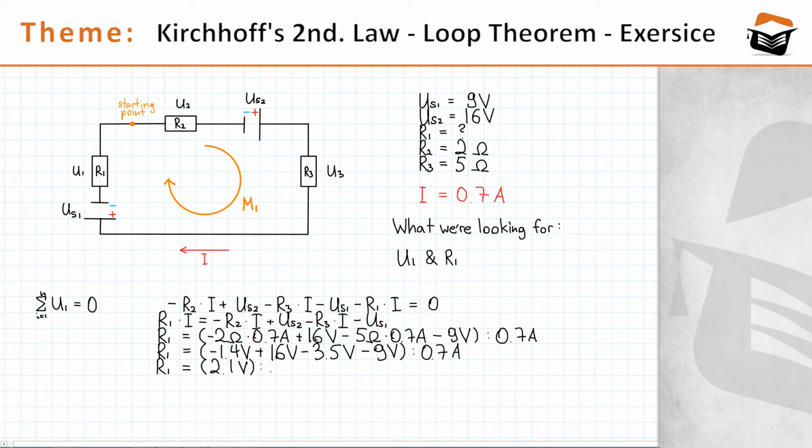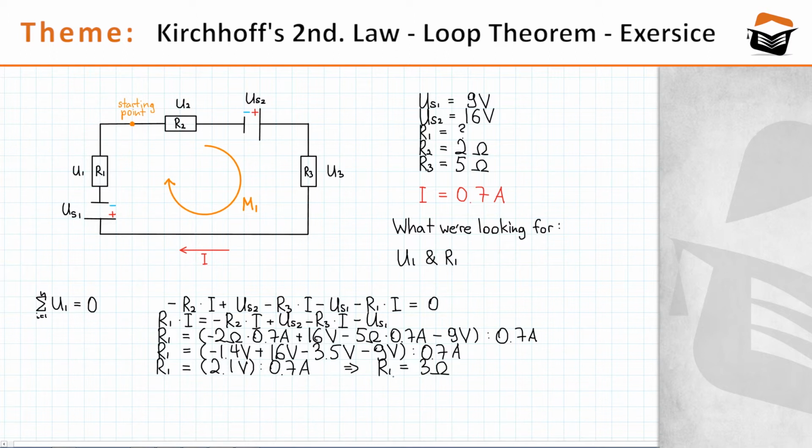Divided by 0.7 amps, and that gives us R1 is equal to 3 ohm. Dividing 2.1 by 0.7 gives us a whole number.